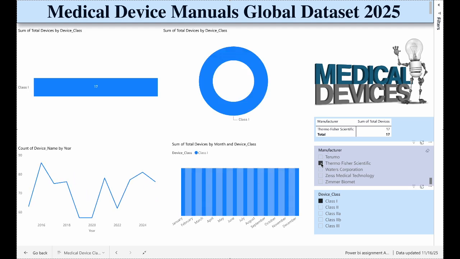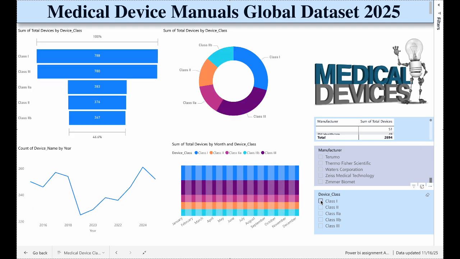You can choose a different manufacturer, and within that manufacturer you can also choose a different class of the medical device they produce. So this is very important and this helps you to segregate everything. So yeah, this is my overall dashboard of Power BI.